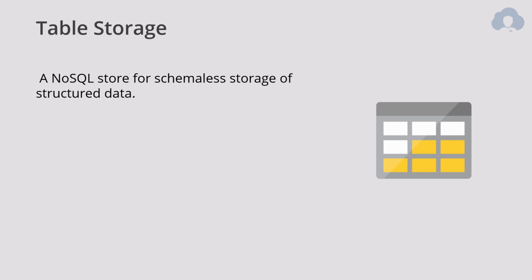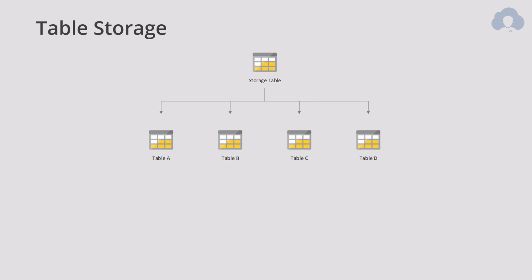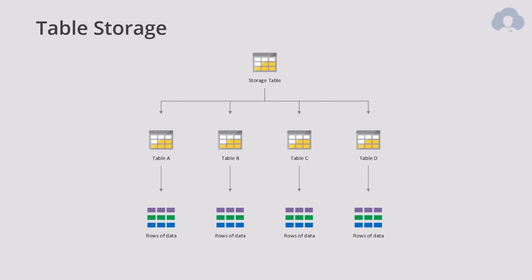The next one is table storage. This is your NoSQL database in the cloud, the most simple and basic one that you can use, but it's also very good and highly scalable like other services that are part of the storage account. Storage tables are separated into tables, which each contain rows of data, and there's not much beyond this. It's just a simple NoSQL database.